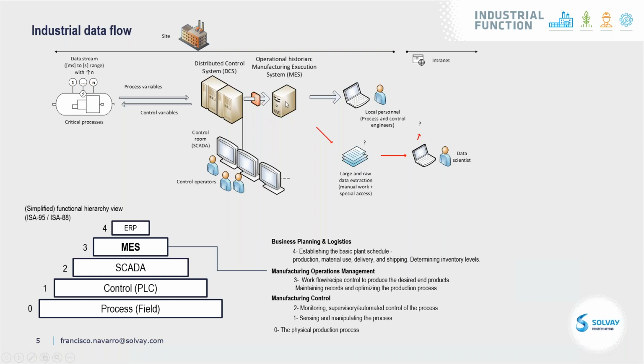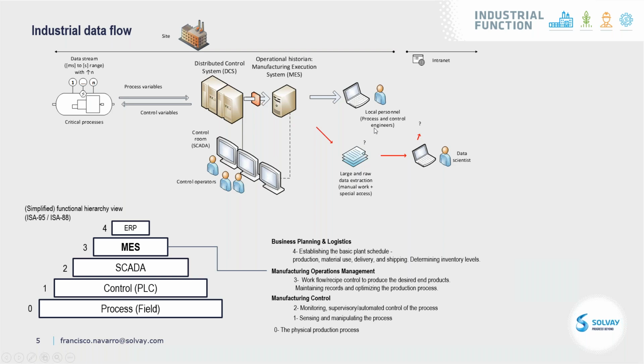We have historians, and this is the big data set in the plants. So we have operational historians. We record every single data point and put it there for future needs, which is often what process engineers look at on their laptops, and then people like me come to the plant or ask for the data to get this big data set and start to do analytics.